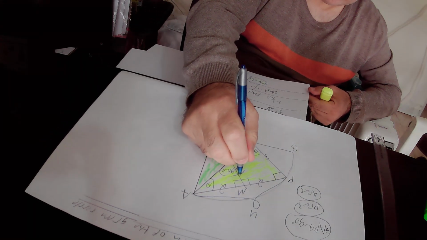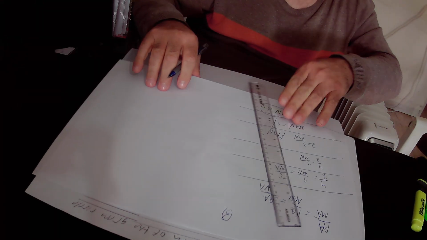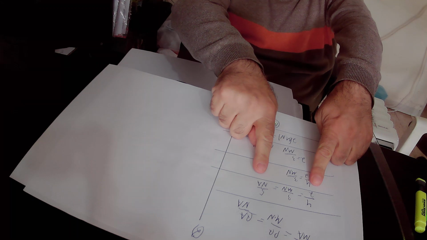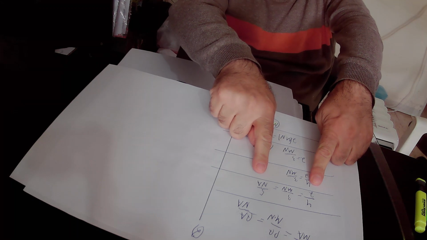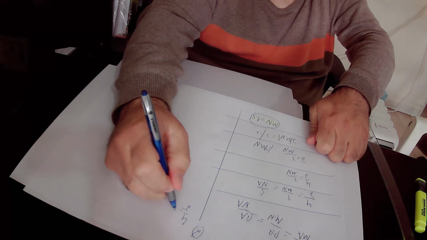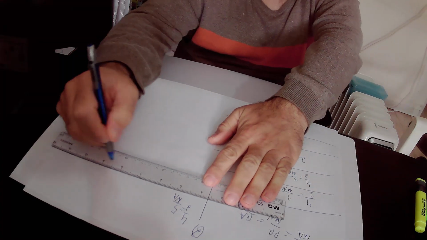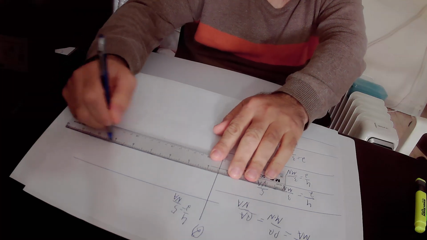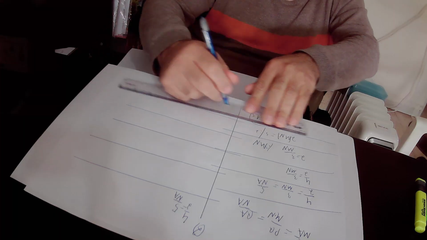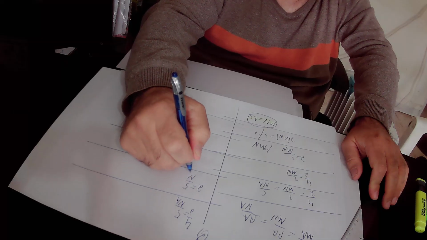From the same equation, we derive that 4 over 2 equals 5 over NA. Four over 2 is 2, so 2 equals 5 over NA.